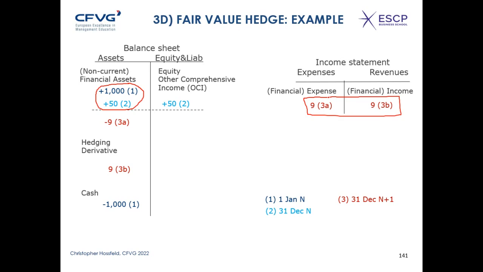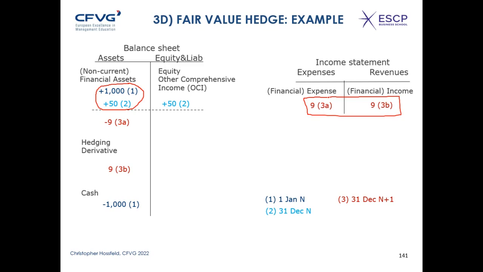So even if interest rates move the other way, and we don't know how long this hedge lasts, many years maybe, every time the plus and the minus of the bond and the derivative will exactly match, and there will be no impact on the income statement. And therefore, that's why I did the fair value hedge. I wanted to protect my income statement from any losses.